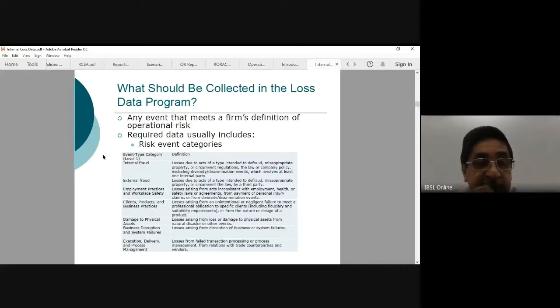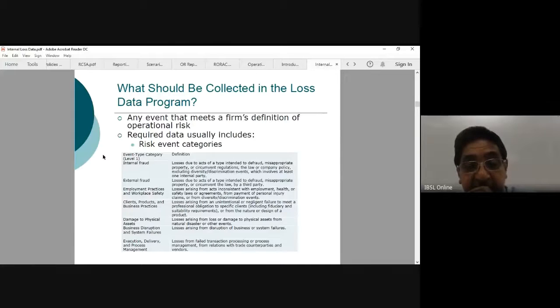The next one, clients' products and business practices: losses arising from an unintentional or negligent failure to meet the professional obligation to specific clients. I think this type of thing is very frequent in banking and financial organizations.